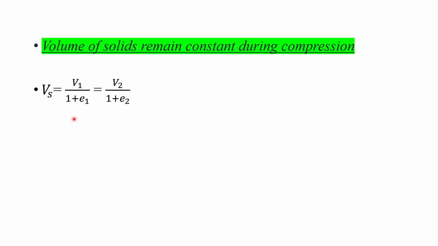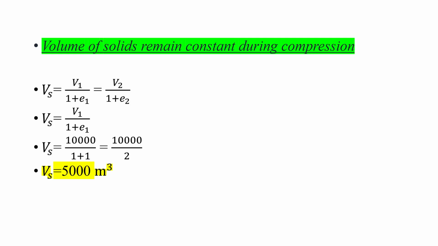Let us take the first part of the equation. Vs equals V1 by 1 plus e1 equals 10,000 by 1 plus 1 equals 5,000 meter cube. Therefore, volume of solids equals 5,000 meter cube.